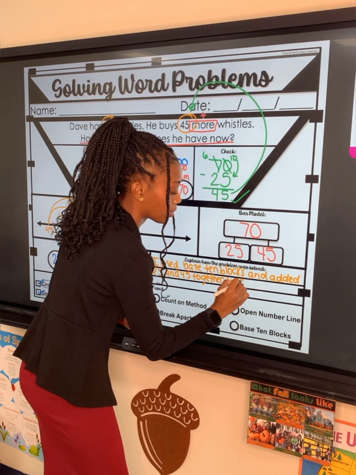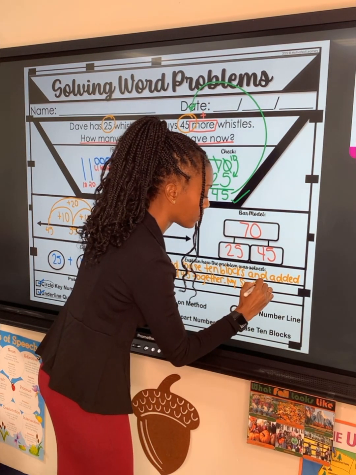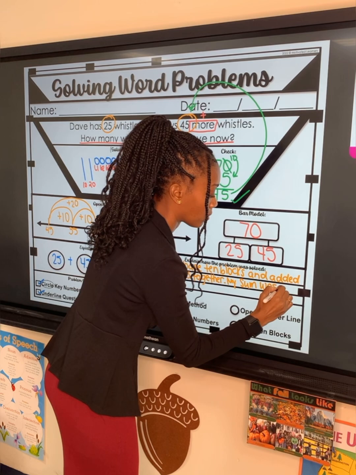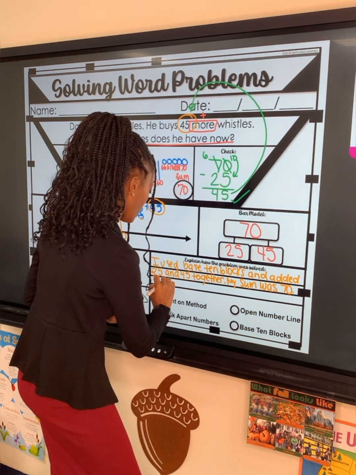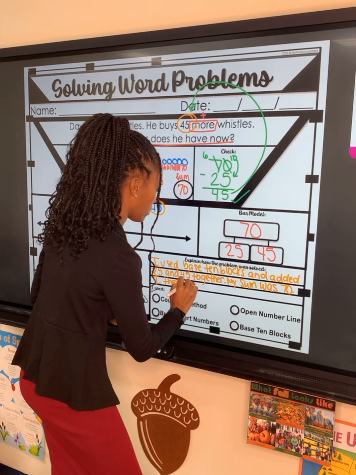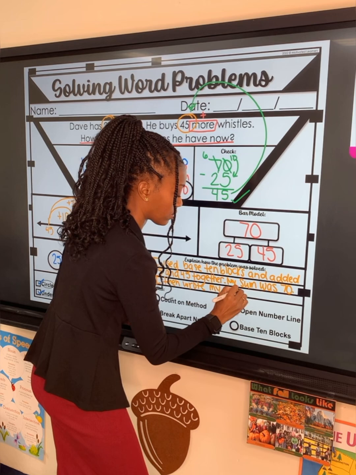My sum, remember we use math words, my sum was 70. I then wrote my equation.